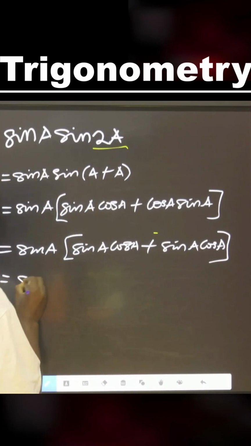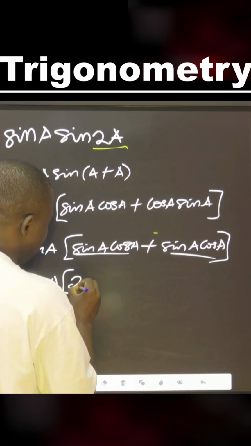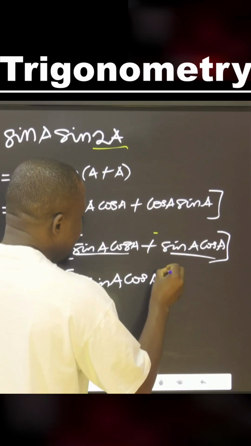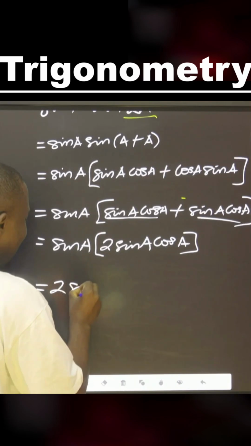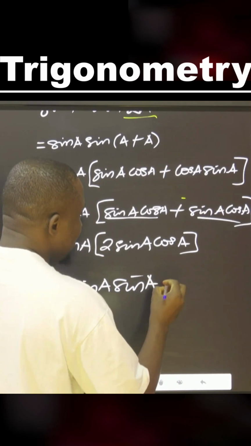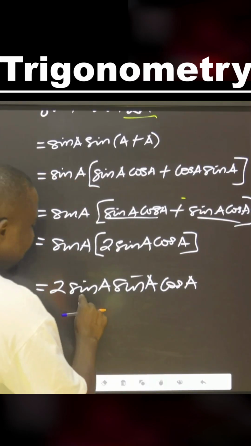So therefore, sine A cos A, this and this are 2 in number. That is 2 sine A cos A. Get it? If you work this out, I'm going to have 2 sine A cos A.